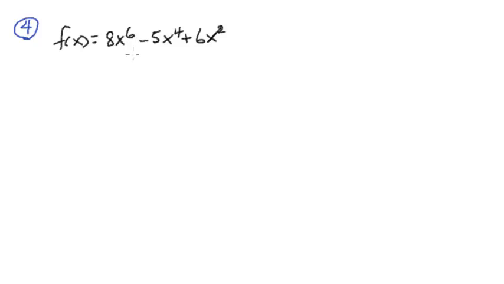So we know that because of this even exponent here, they must either both go up or they must both go down, okay? And something's going to happen in between, but I don't care what that is. And because this is a positive, they must both go up.